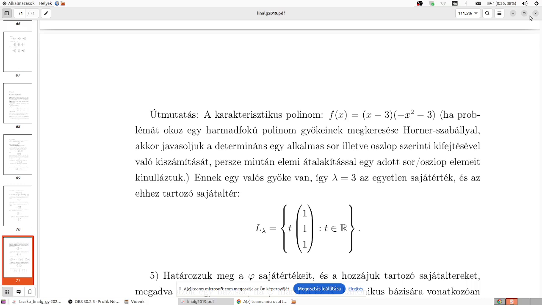The lambda has two imaginary complex solutions and one real, and that's lambda 3. So this is the only rational solution.